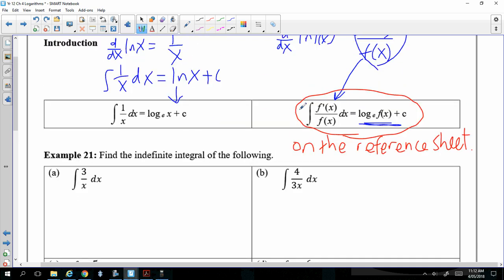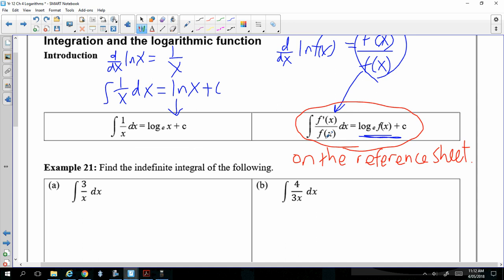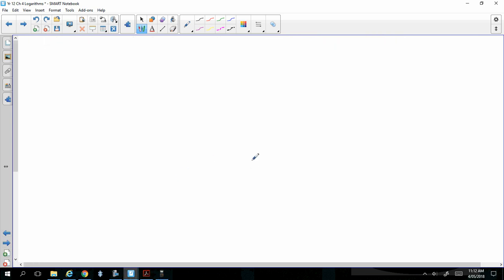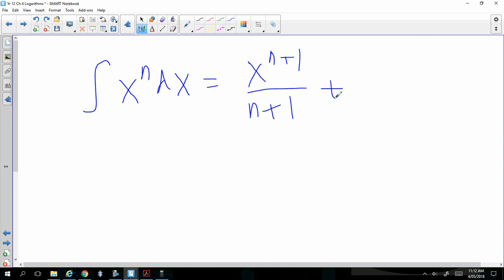Now, actually, there's another reason. Remember this rule. Let's go back to the blank page. Remember when we integrate x power n dx, it is equal to x power n plus 1 over n plus 1, plus c. But there's a restriction on n. Anyone remember what n cannot be? n cannot be -1, because what happens if n is -1?